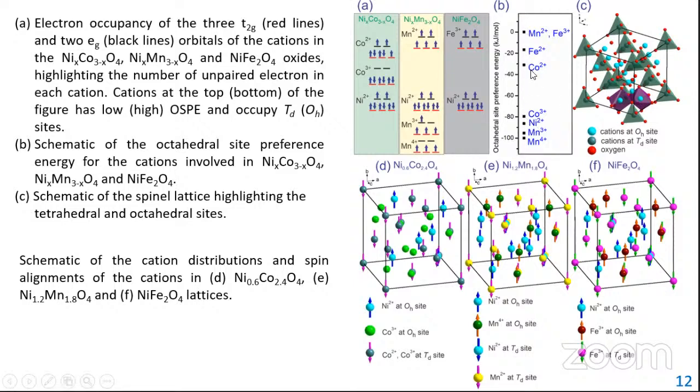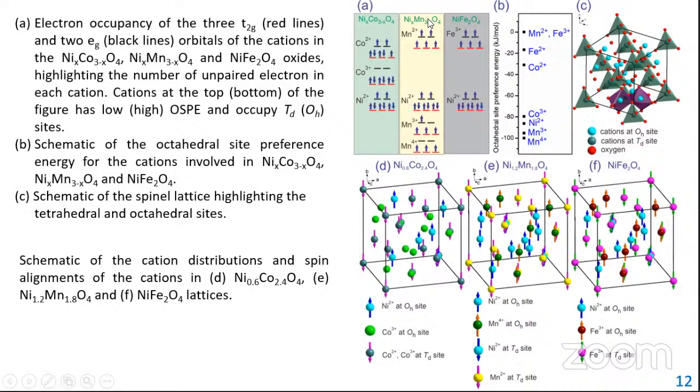Here, nickel 2 plus has high octahedral site preference energy, so it will always occupy the octahedral site. On the other hand, cobalt 2 plus has very low octahedral site preference energy, so it will occupy the tetrahedral sites. And cobalt 3 plus will occupy both.